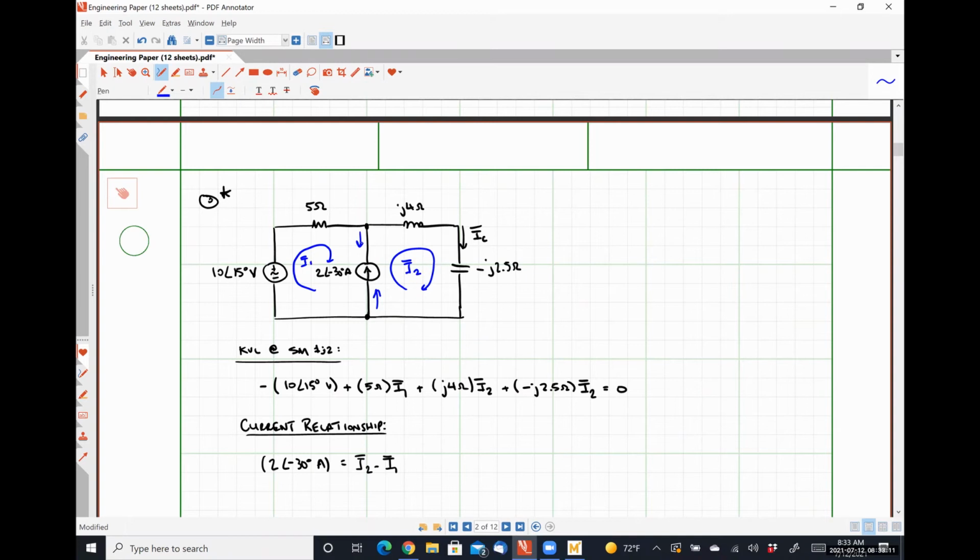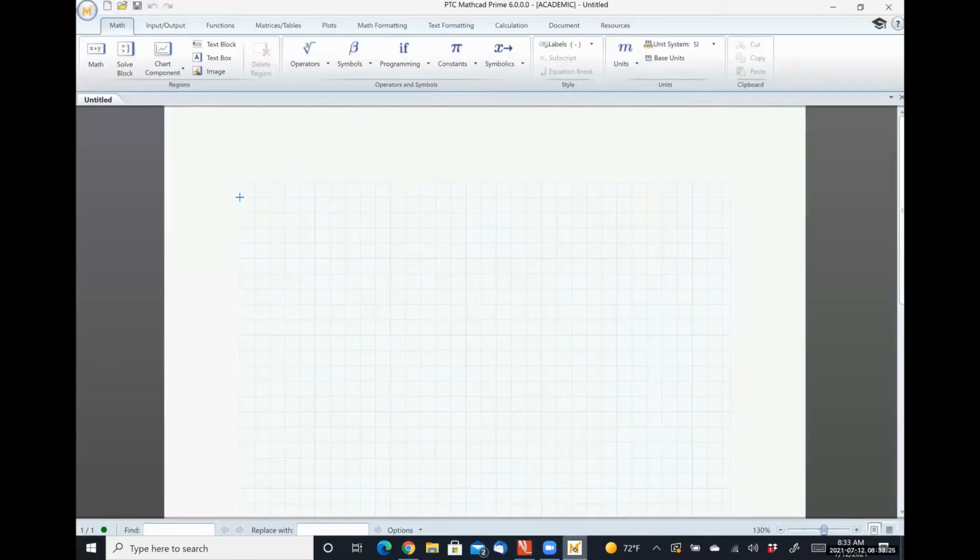So there we have our two equations, two unknowns, and as I said previously, our calculators are incapable of doing it, and solving these by hand is just ripe for simple mathematical errors. So let's use MathCAD.